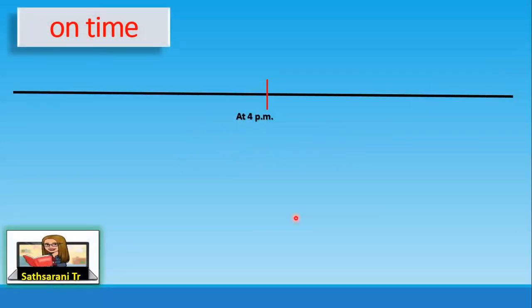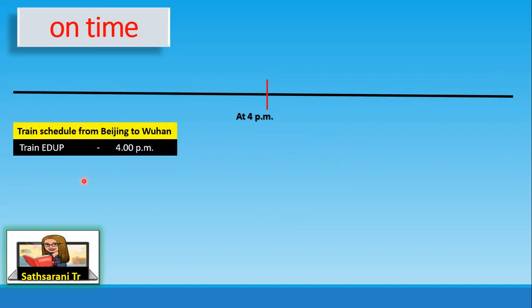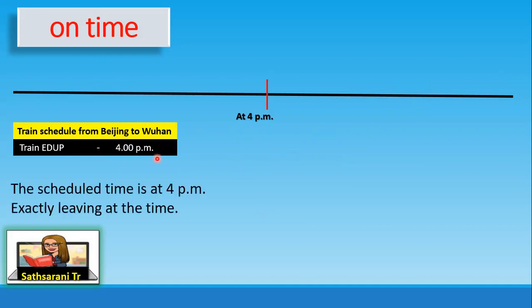At 4 p.m., let's see, there is a timeline. The train is scheduled from Beijing to Wuhan at 4 p.m. That means 4 o'clock. So the scheduled time is 4 p.m. The train leaves exactly at that time, not at 4:05 or 3:50.